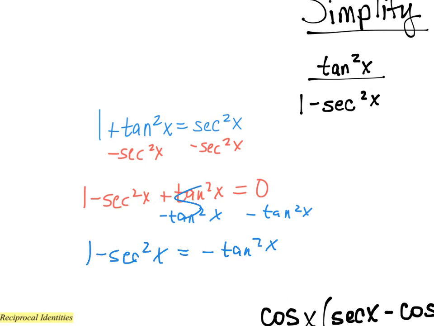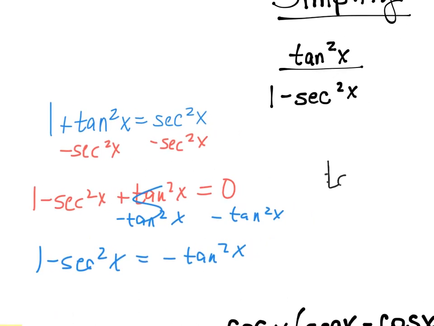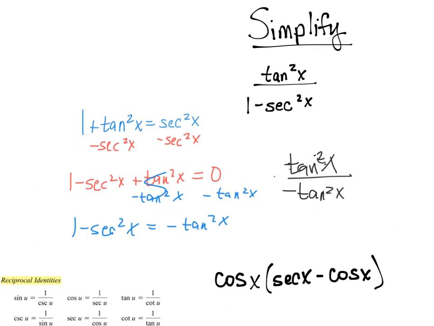So when I go to simplify this, I'm going to keep tangent squared on top, over negative tangent squared x. Well, what do you guys notice? You can cross them off, and what are you left with? Negative 1. Very different from positive 1.